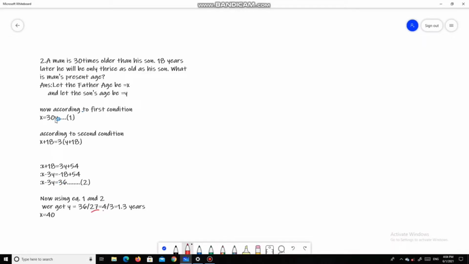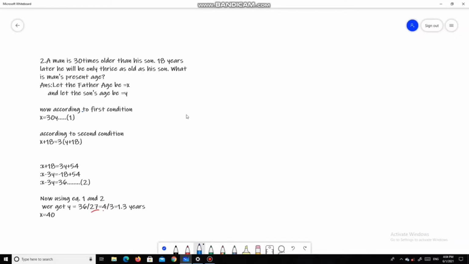Here also we should take the x and y variables to one side of the equal sign. So x minus 30y, because the 30y was positive, I made it negative and took it to the left hand side, and here we should put the zero, and now we should subtract this from the other equation.